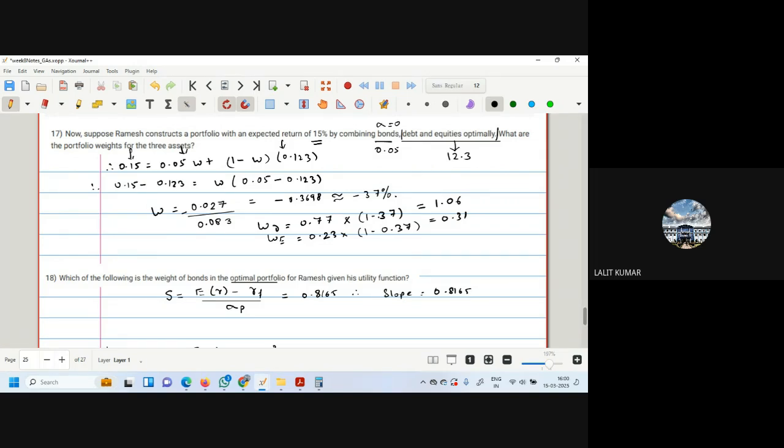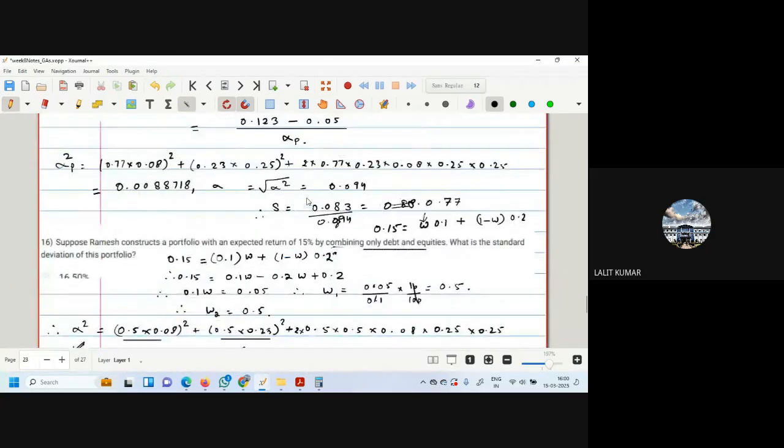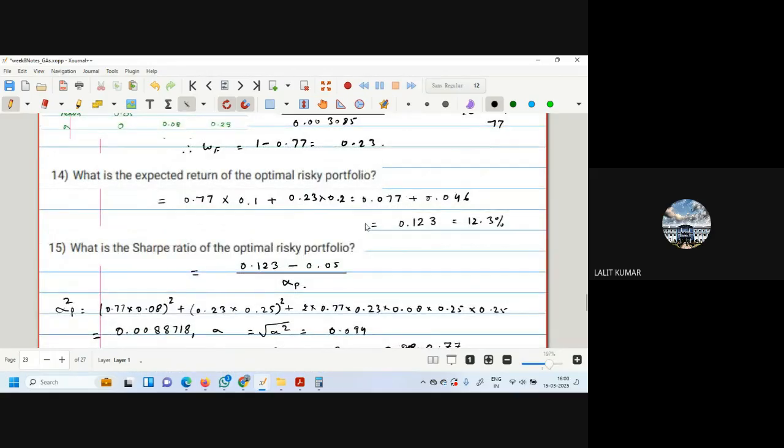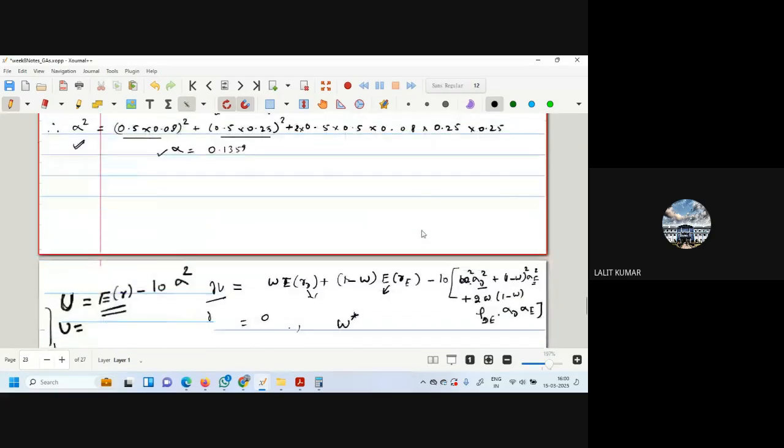And this risky asset, we have already calculated when we were combining earlier. So we had found that it was 0.123. So this has come from the optimal risky portfolio. This is the return of the debt and equity. And you have to use this and its standard deviation for the remaining part.